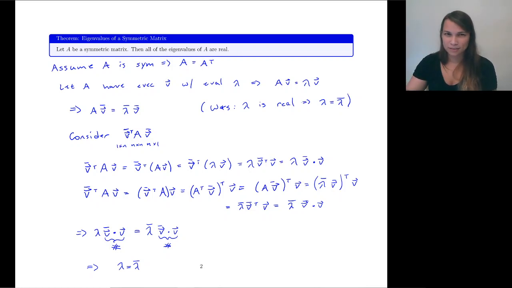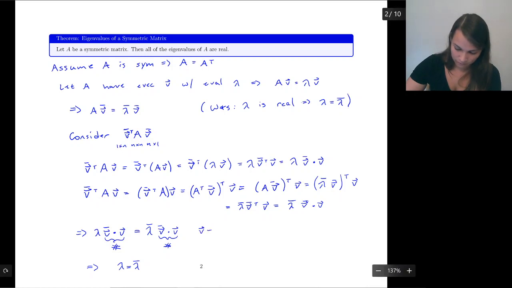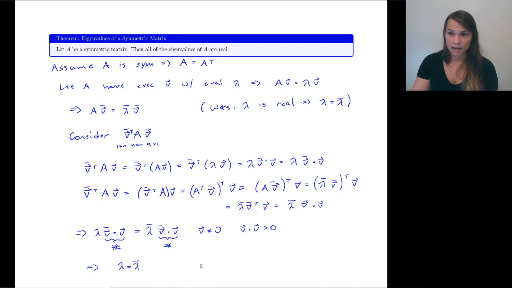So it kind of gets too much into complex numbers. Just believe me. V is not a zero vector. Remember, V dot V is greater than 0 as long as V is a real vector.